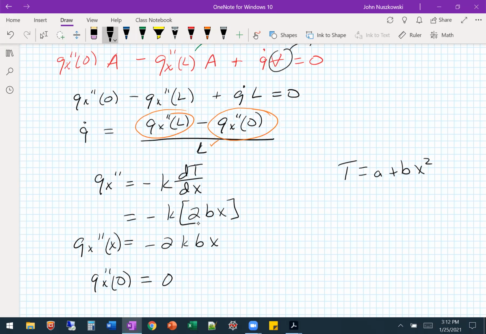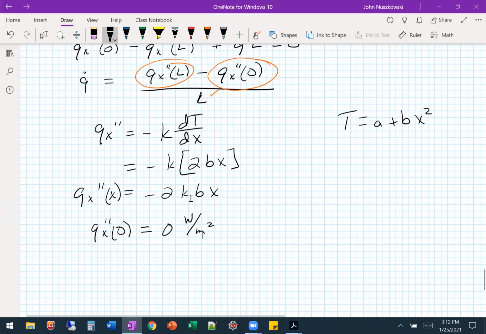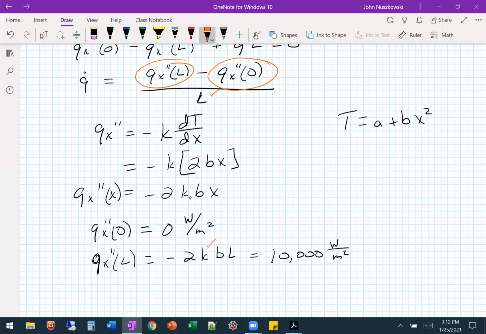Yeah, so we have 0 watts per meter squared. And at L, plug in L, we get negative 2kBL, which if we substitute in, we will get 10,000 watts per meter squared, right? Because we were given K, we have the constant B, we were given L.